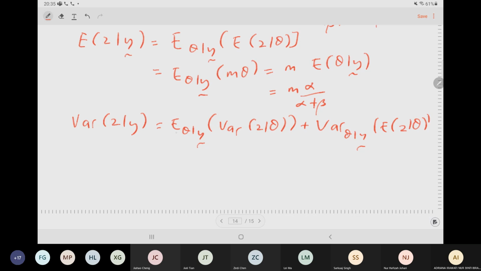Because this means the mean of the posterior and the variance of the posterior. Okay, and then the expectation is against that posterior distribution, which, if your posterior is beta, is against beta, right? Then you have your variance.